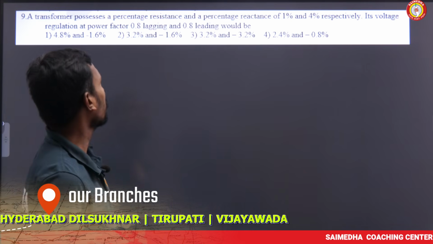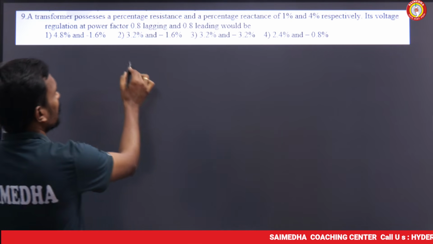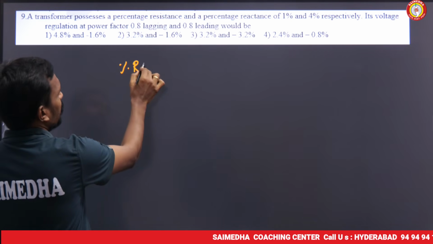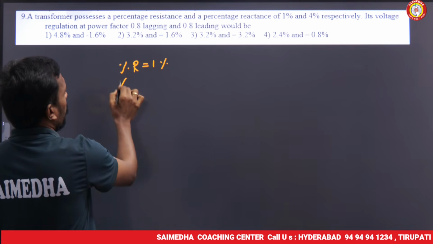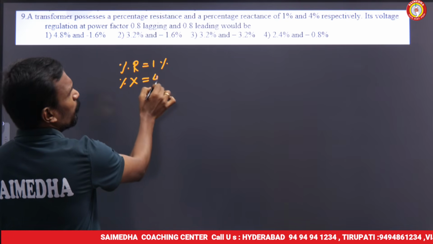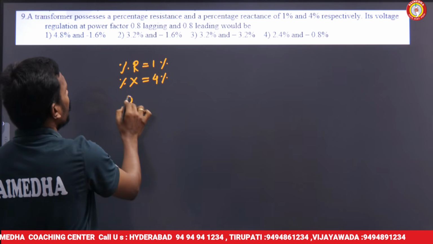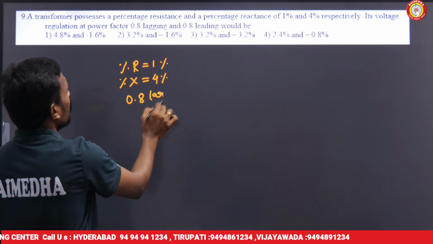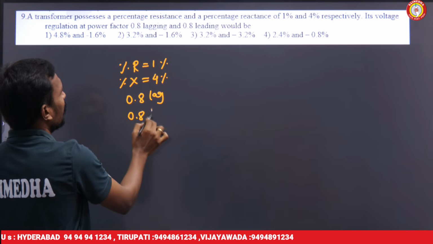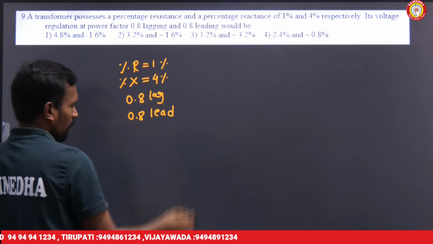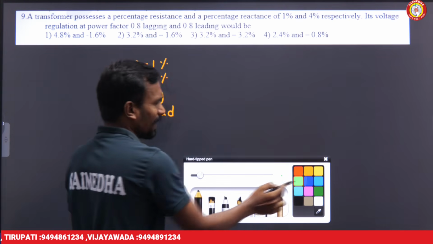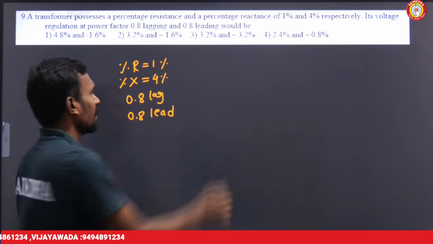A transformer possesses percentage resistance and reactance given: percentage resistance is 1%, percentage reactance is 4% respectively. Its voltage regulation at 0.8 lagging and 0.8 leading. They are asking both, sir. Let's calculate.